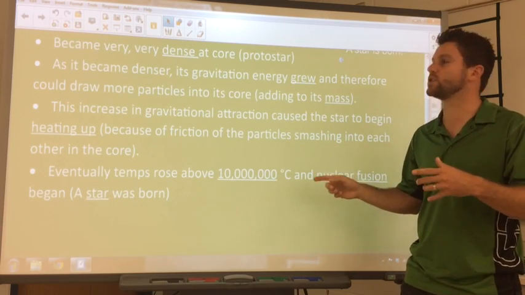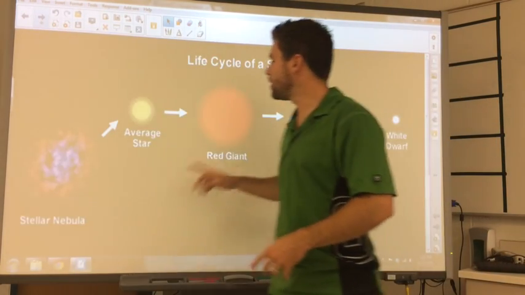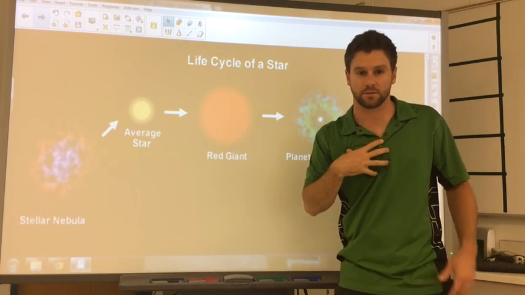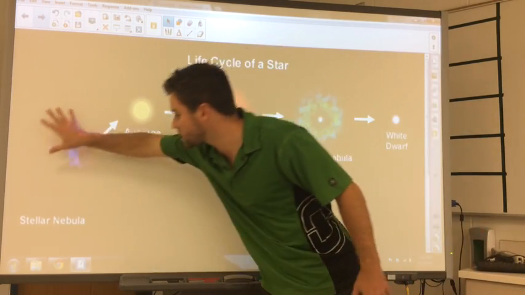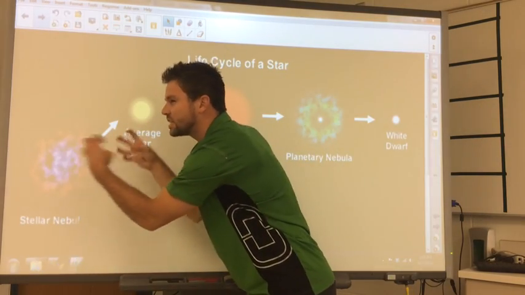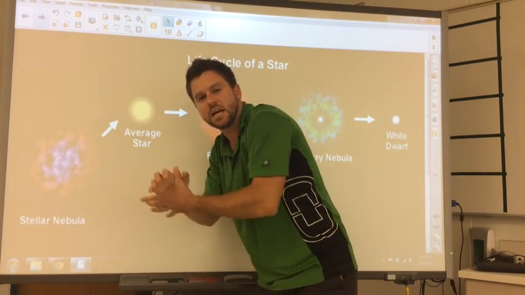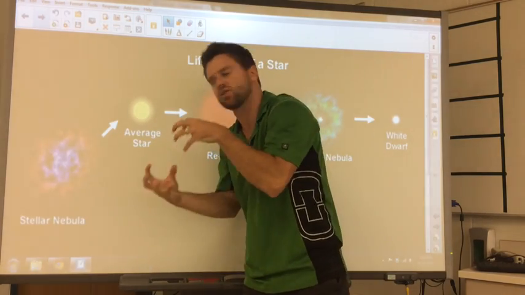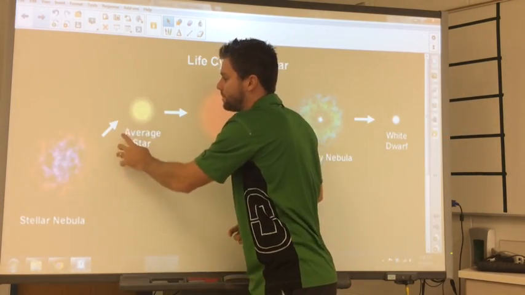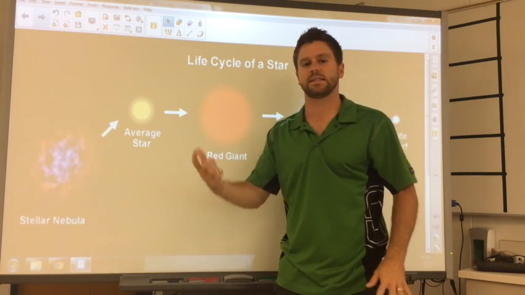A star is born. So, if we look at this, there is a life cycle for a star like our sun. Here's a stellar nebula. And as those gases and dust start to condense and get hotter and denser and bigger, with more gravity, nuclear fusion begins at 10 million degrees.